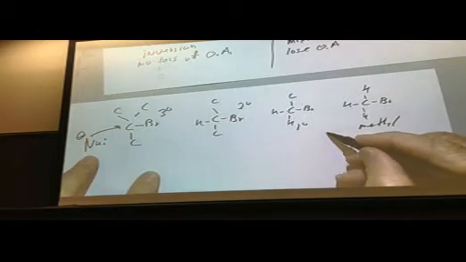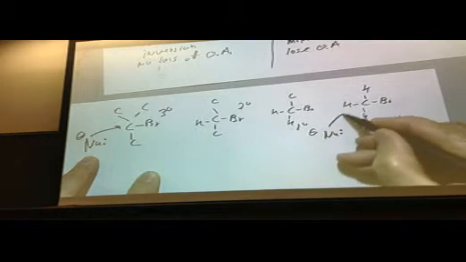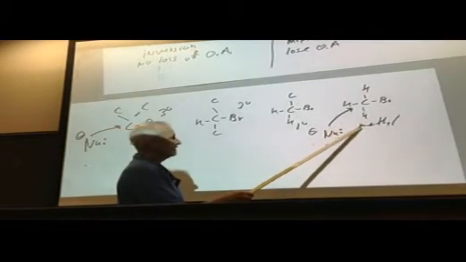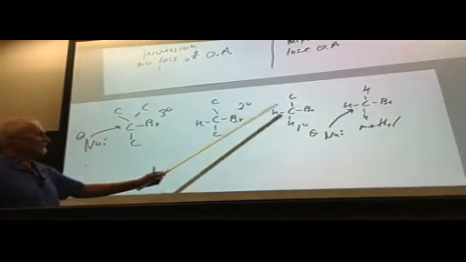So if you have a nucleophile coming in from behind, you're going to have some crowding issues with a 3rd degree. You're not going to have any crowding issues for methyl. So for SN2, methyl reacts the fastest and 3rd degree reacts the slowest.